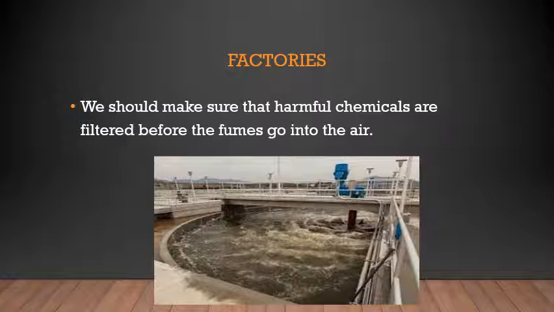We should make sure that harmful chemicals are filtered before the fumes go into the air. Before the smoke is let out into the air, it should be treated, so that the harmful gases are not that harmful when they get mixed with the air. There are certain processes which can reduce the harmful gases let out into the air.